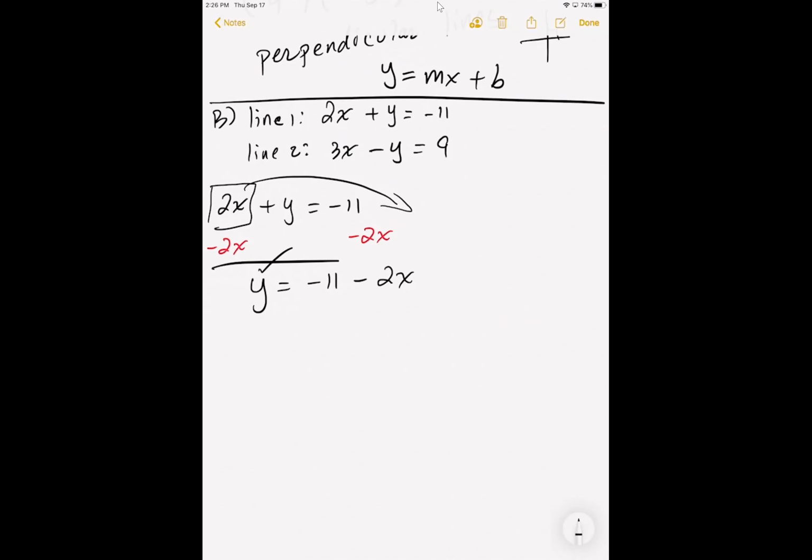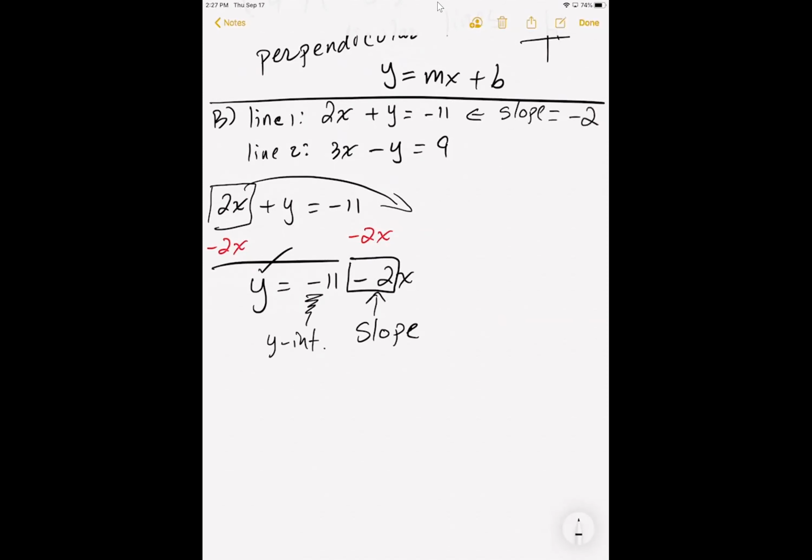And if you don't want to maneuver them around, just know that the item in front of the x is your slope, and the constant is your y-intercept, okay? So everybody see that the slope for line 1 is equal to negative 2.